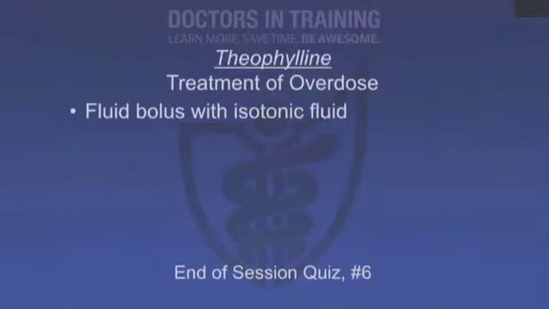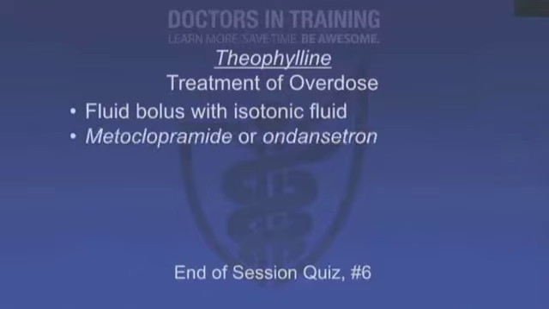Well, the current treatment recommendations can include one or more of the following. A fluid bolus with isotonic fluids such as normal saline. You give an antiemetic agent to control vomiting, maybe metoclopramide, maybe ondansetron. You can give propranolol to reduce heart rate, although you don't want to give propranolol to someone with asthma because that can trigger bronchoconstriction, so maybe you give another beta blocker that's a little safer.